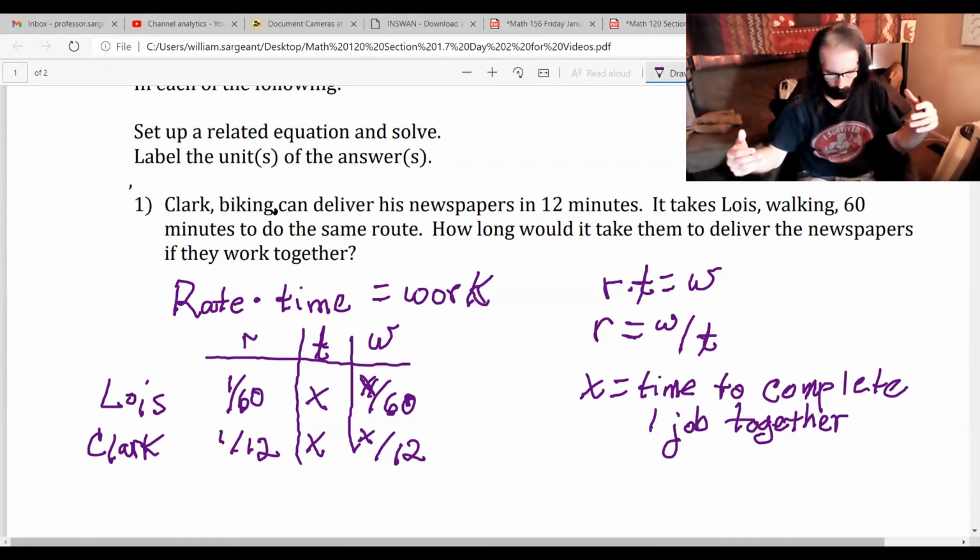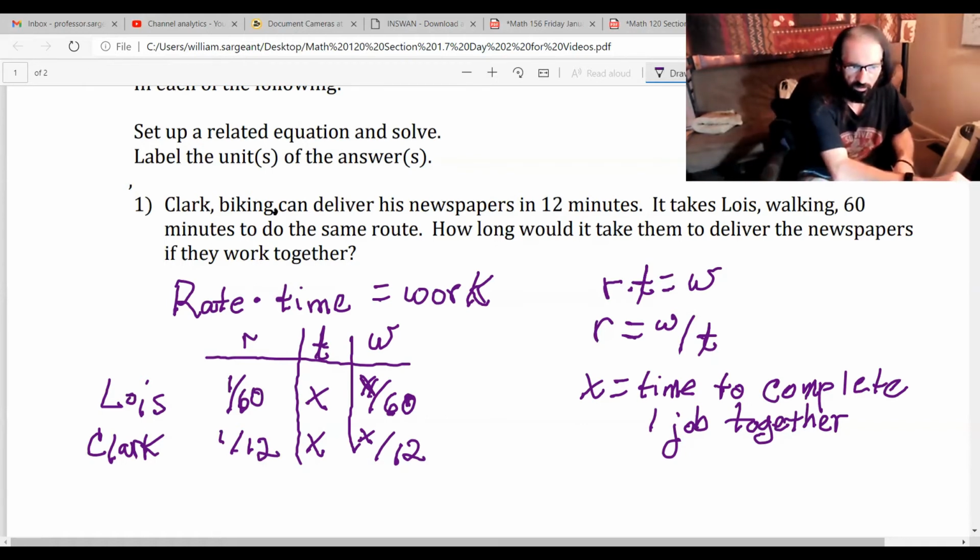Well, let's furthermore idealize this situation that they have split up the routes with no overlaps. And they're not chatting with each other as they're working. They're actually working to speed each other up. That means that what we get for X should be something less than both their speeds. Our answer should be less than the lowest of those two speeds, 12. It should be less than that.